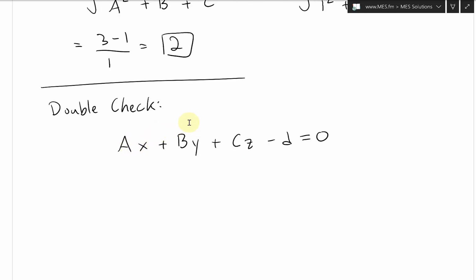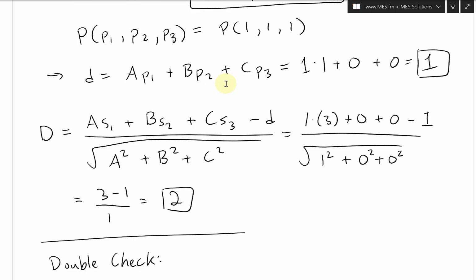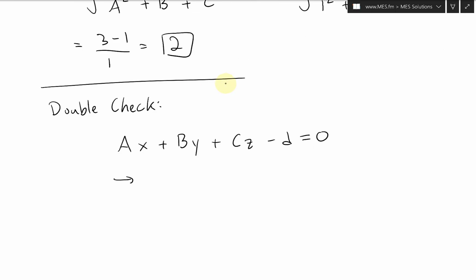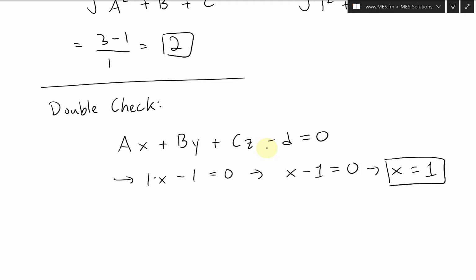Then we already know a is just 1, everything else 0. This becomes 1 times x minus 1 equals 0. So in other words, we have x minus 1 equals 0. Shift the 1 over to the other side, x equals 1. So this is the equation of a plane in 3 dimensions.